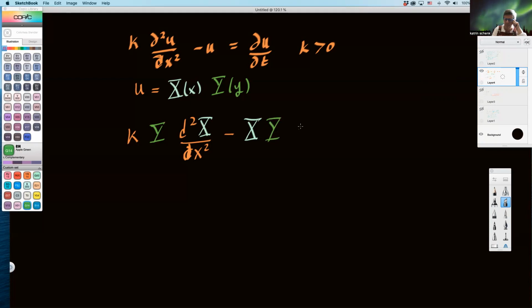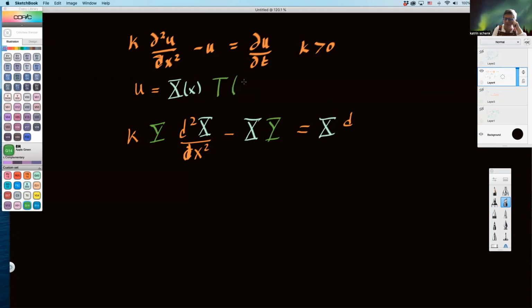Then we have equal on the other side to a full time derivative times the X variable, because the X variable doesn't have any time in it, and we can make it a regular old derivative. Oh, you know what? My bad here. I totally screwed this up. Can we back up a little? It shouldn't have been Y of y. It really should be T of t.